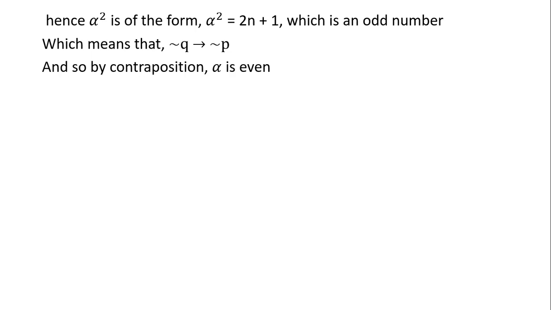So we have proved that not Q is true, therefore Q is false. And for that matter, we are able to prove that if alpha squared is even, then alpha is also even. Hence, we are done with the proof.